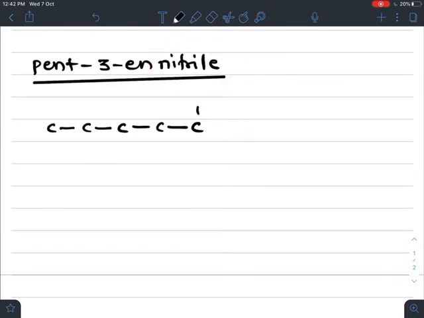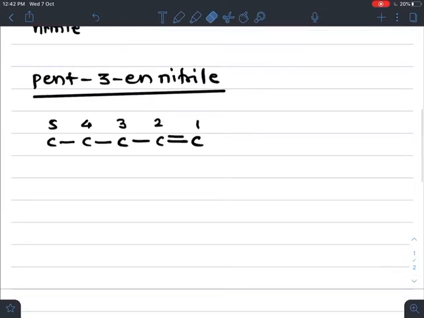If we number this chain from right to left, the nitrile group is at carbon number 1.